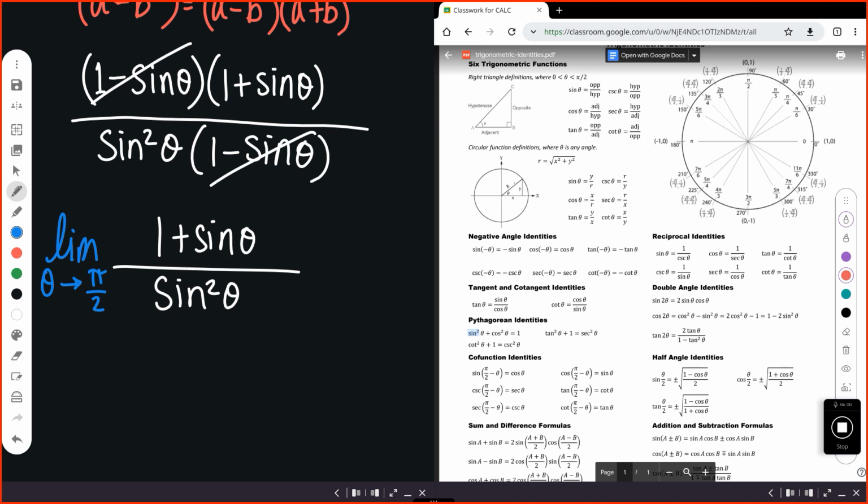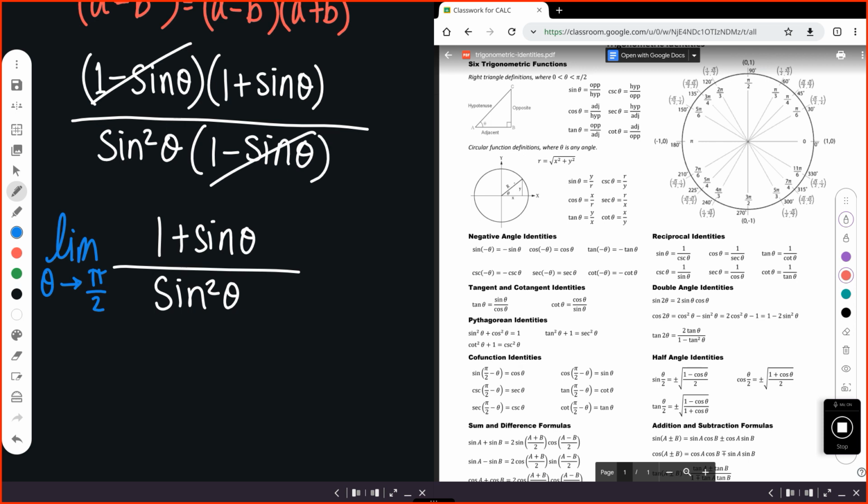Well, that looks like it's going to work, because if we look here, at 90 degrees, or pi halves, sine is my y term, and we have a 1 here. So as theta approaches 90 degrees, or pi halves, sine will be 1.